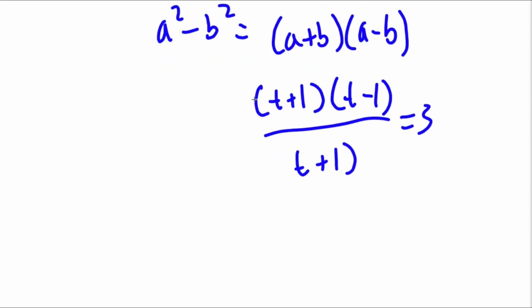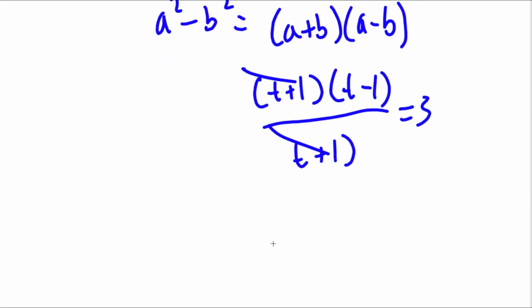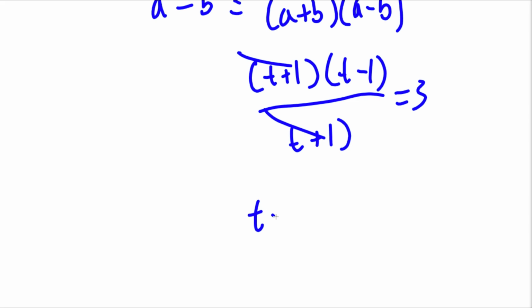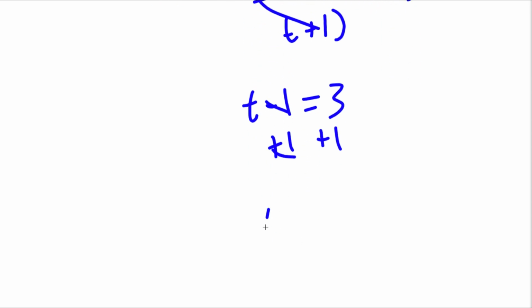Now both of these t plus 1s will cancel out, so I will be left with t minus 1 is equal to 3. Simply add 1 on both sides, and I'll be left with t is equal to 4.